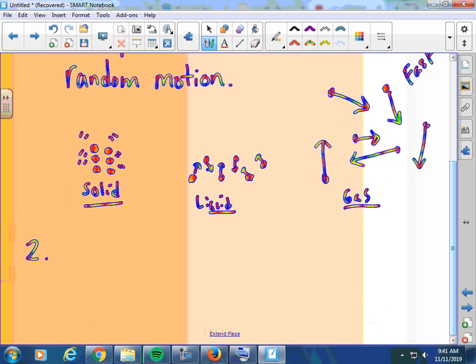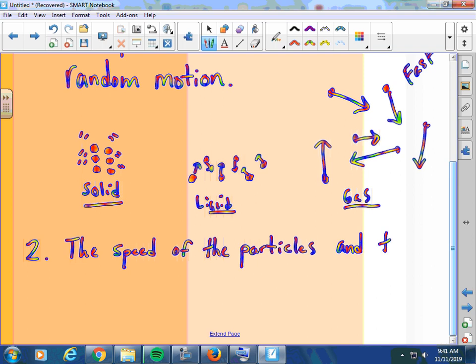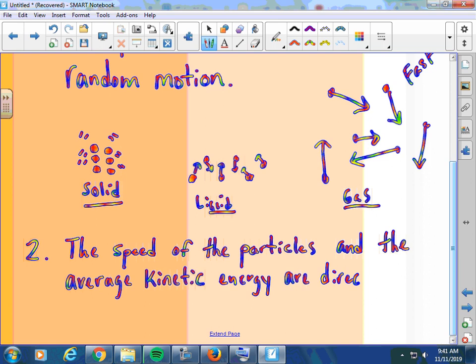So the speed of the particles and the average kinetic energy are directly related to temperature.